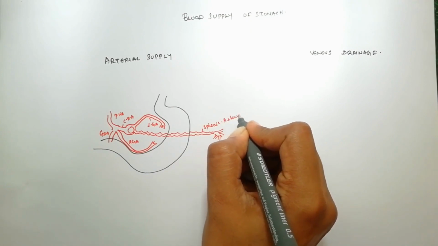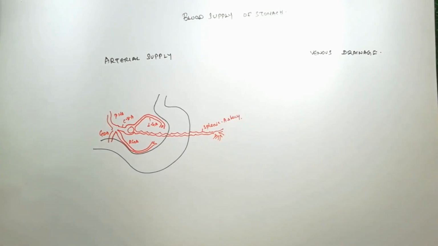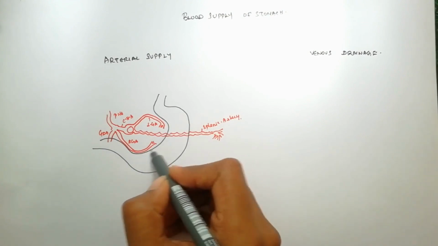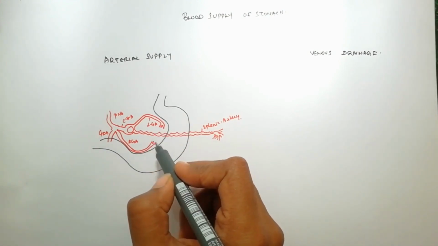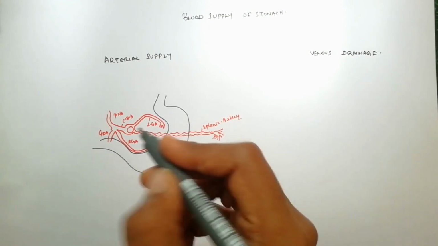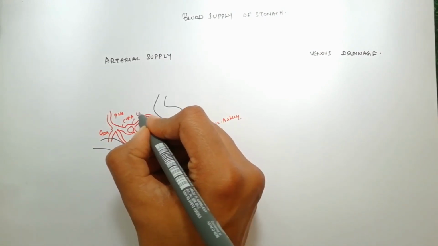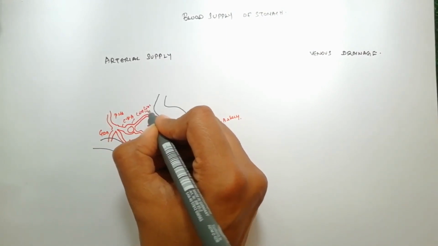Now the branches from all these are going to supply the stomach. In the lesser curvature we have two arteries supplied by the left gastric and right gastric artery, which come from the celiac trunk.